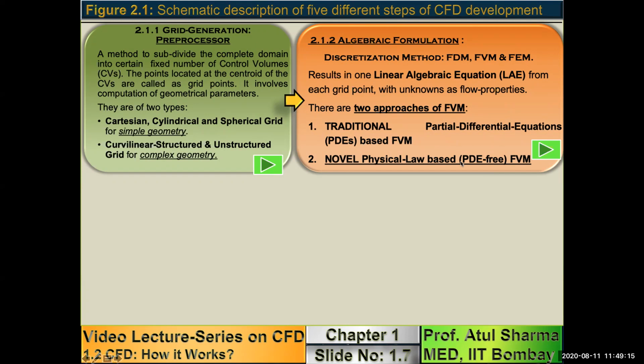So all through this lecture series, we'll be following a physical law based finite volume method for algebraic formulations to generate the linear algebraic equations for the interior grid points. For the boundary grid points, we will use the finite difference method.